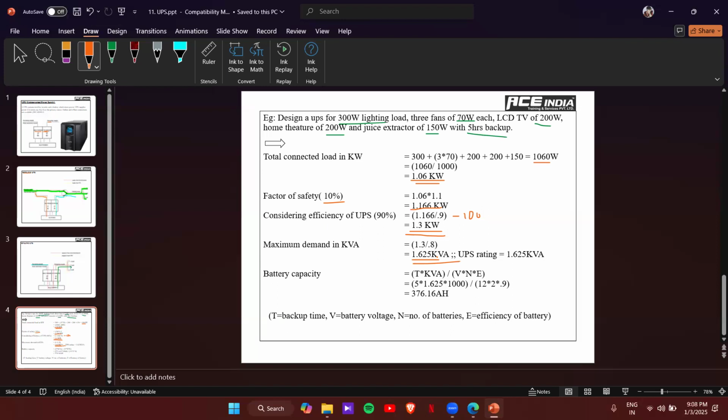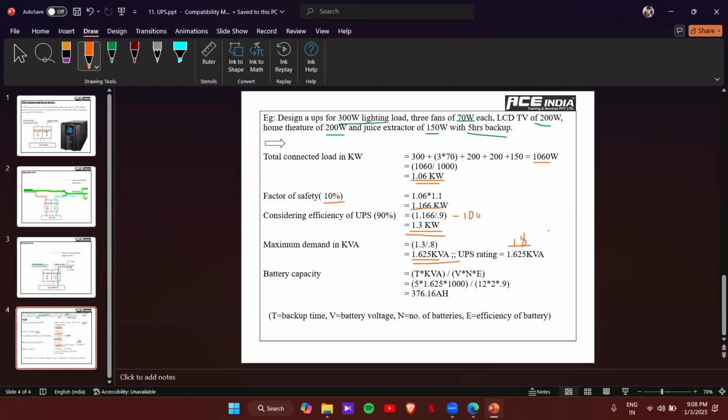So you can check it and finalize the UPS rating. I'm going to assume I should have a 1.8 kVA UPS. I'll finalize here. If 1.7 is available, you can go for 1.7 also. Okay, so we got the UPS rating.